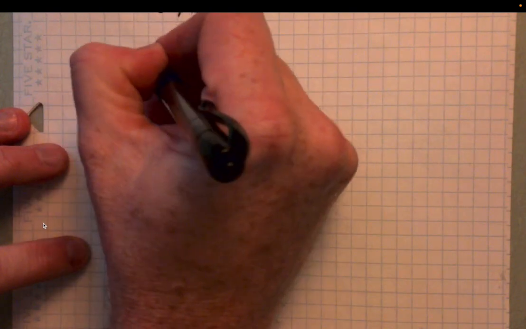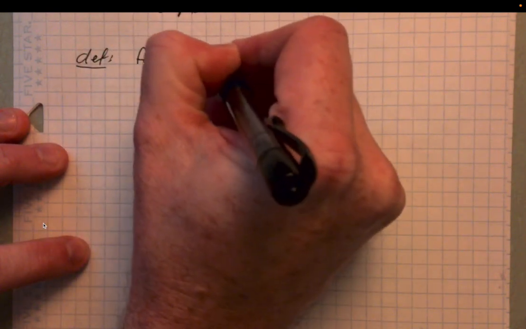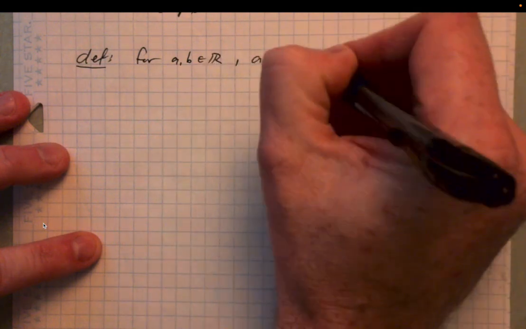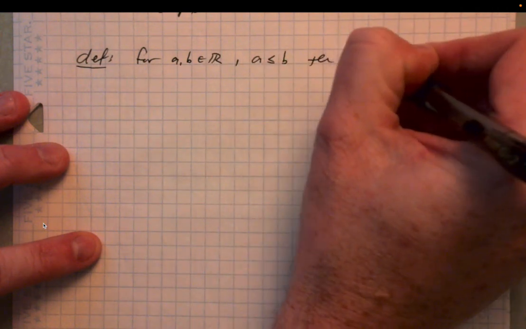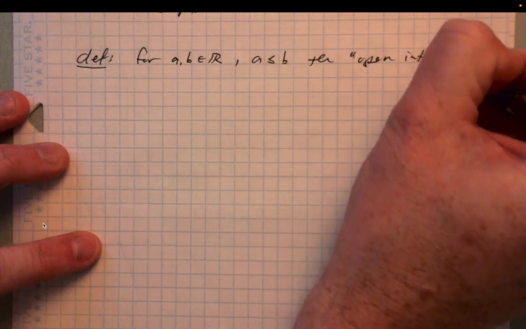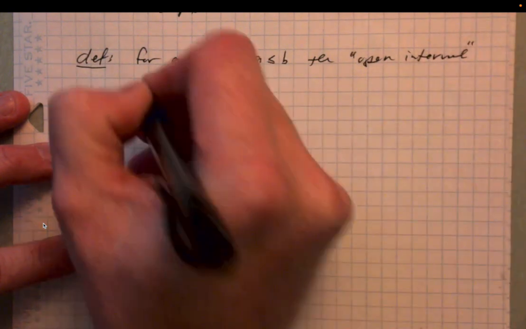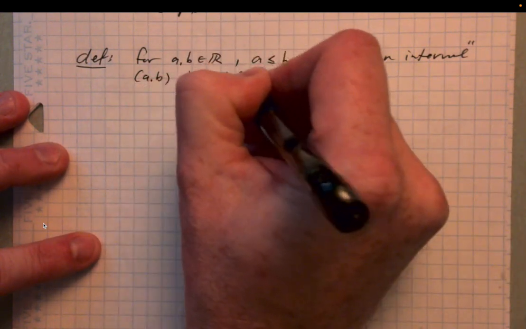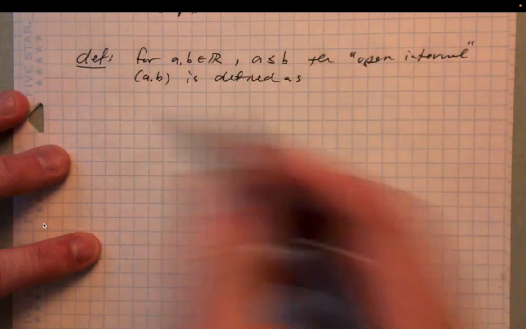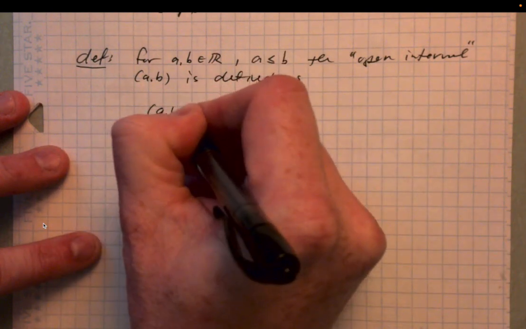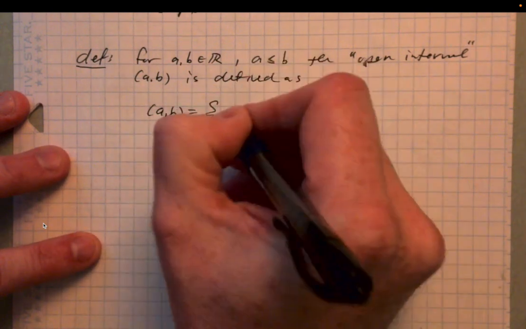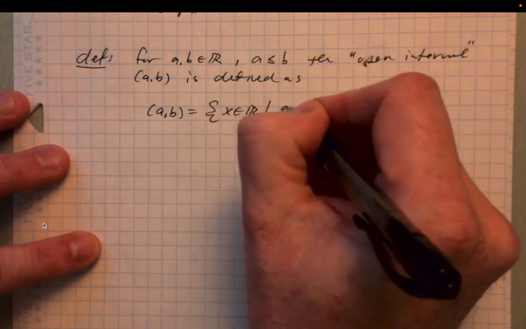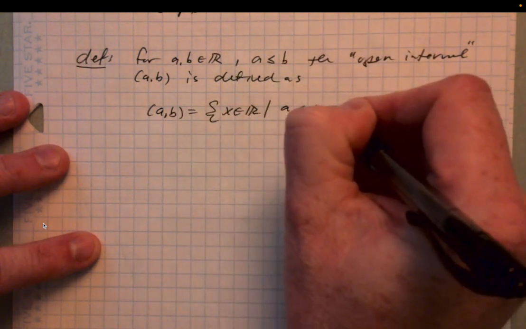For a and b real numbers, with a less than or equal to b, the open interval (a, b) is defined as the set of all x in R such that x is between a and b, naturally.